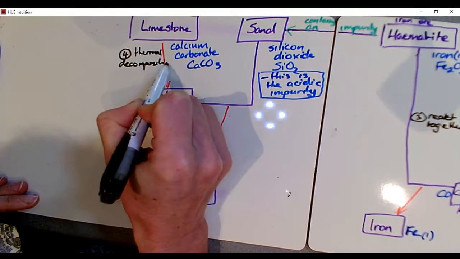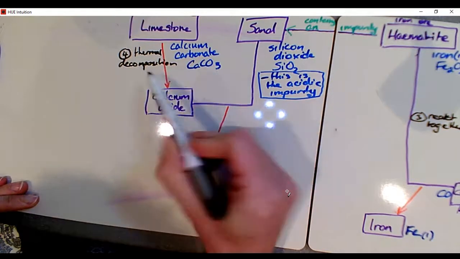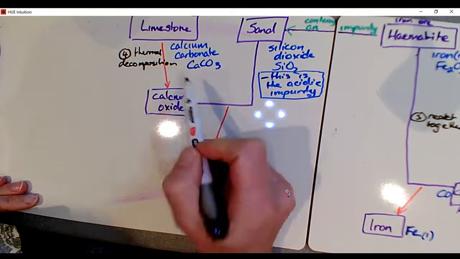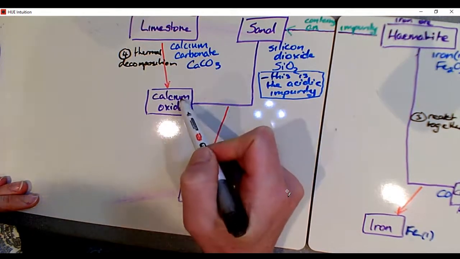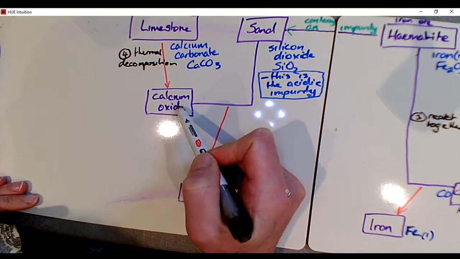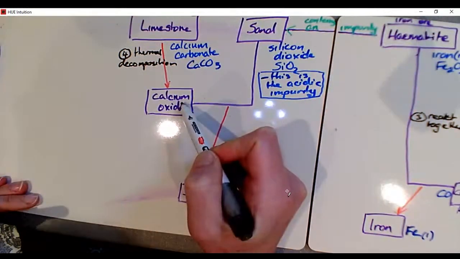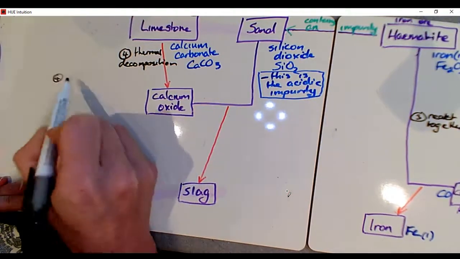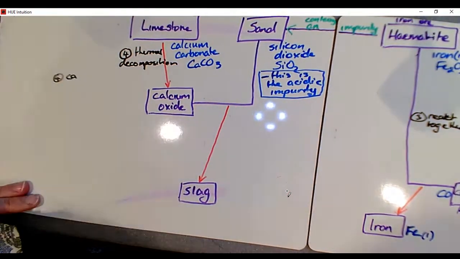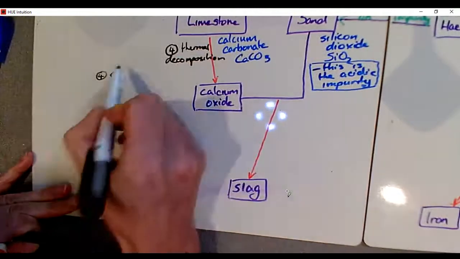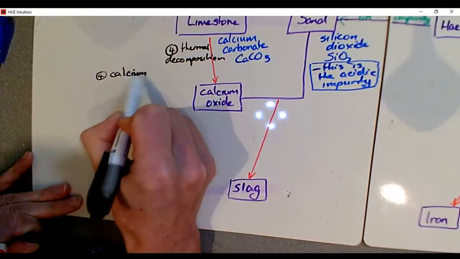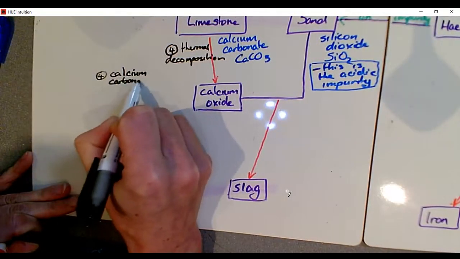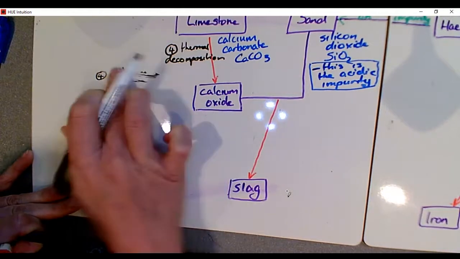In other words, if you take the limestone, the CaCO3, and you heat it up hot enough, it'll actually break down into two different substances. One of them being calcium oxide and the other one being carbon dioxide. So I'm just going to put the chemical equation over here. So calcium carbonate. Actually, I'm going to just move it.